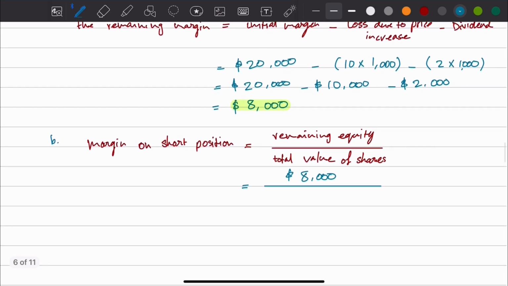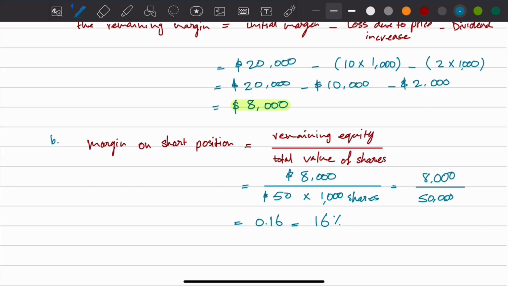So that's going to be 50 multiplied by 1,000. $50 per share multiplied by 1,000 shares. Okay, so that would equal 8,000 divided by 50,000. Move on to our calculator and run the numbers. 8,000 divided by 50,000. And that would be 0.16, which is equal to 16%.